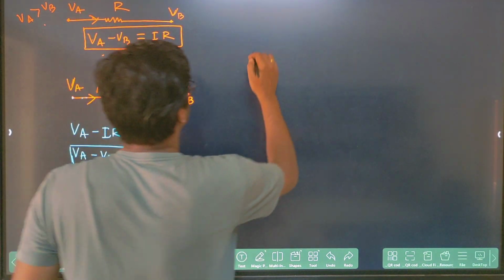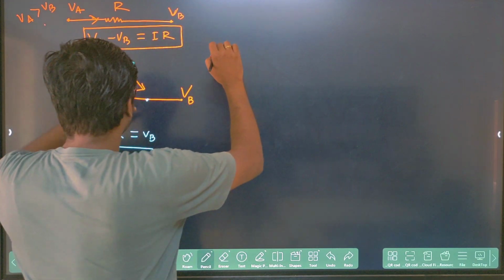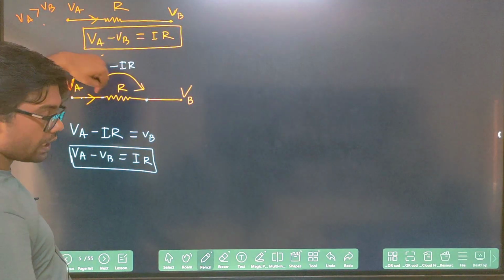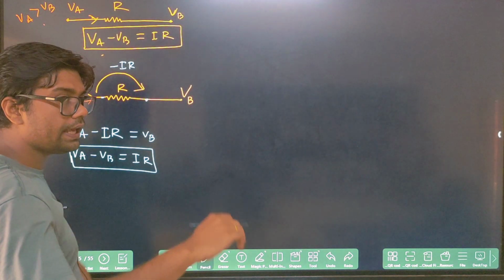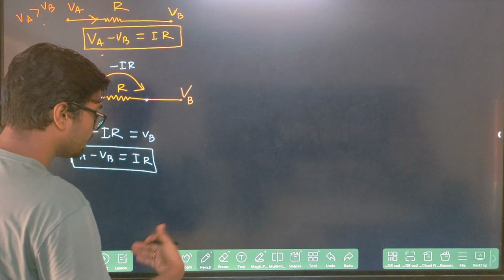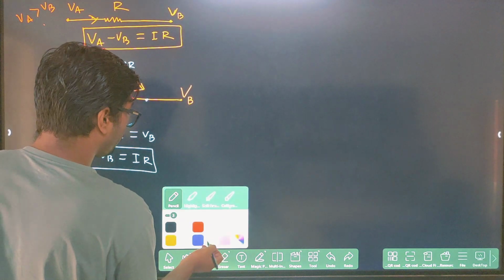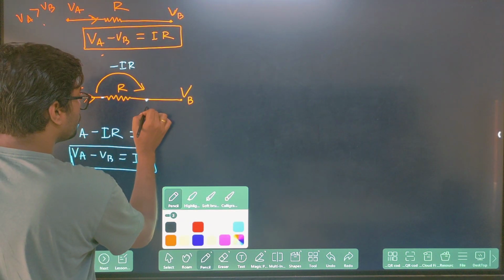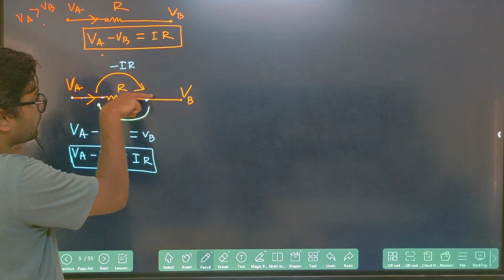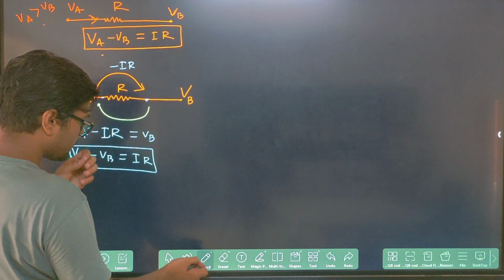One more thing. If I move in the opposite direction of the current through the resistor, there will be an increase in potential of IR. So let's say I am moving from here to here, opposite to the direction of current. The current is moving along this direction, right?